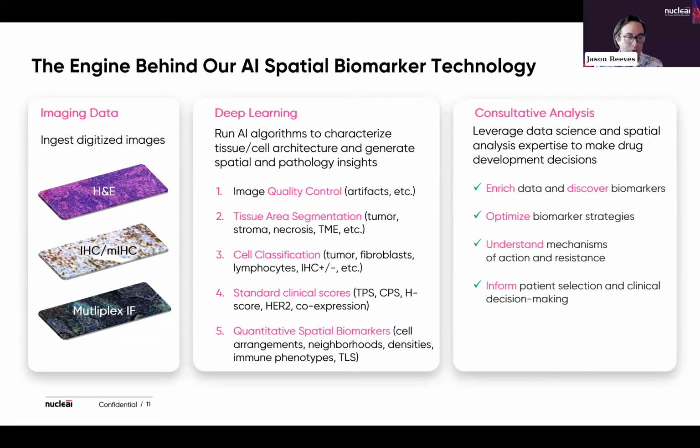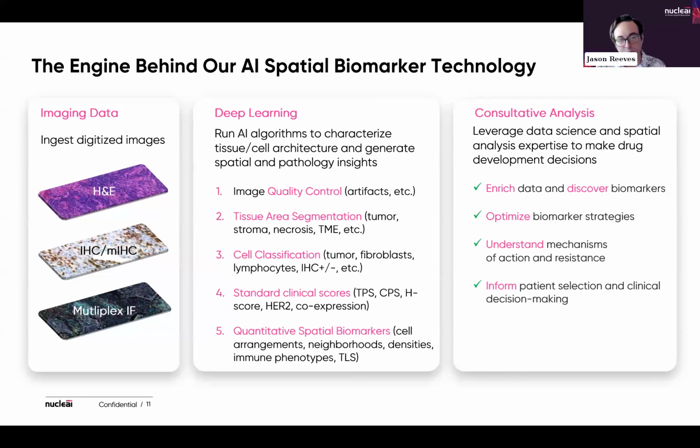But our models are built to capture a couple of key criteria. They're built to capture quality control and artifacts that might exist within the tissue. These can be smudges, stains, or folds of the tissue. They're built around then classifying the tumor into tissue areas, such as the tumor and the stroma, cell types, and then finally into standard and quantitative spatial biomarkers.